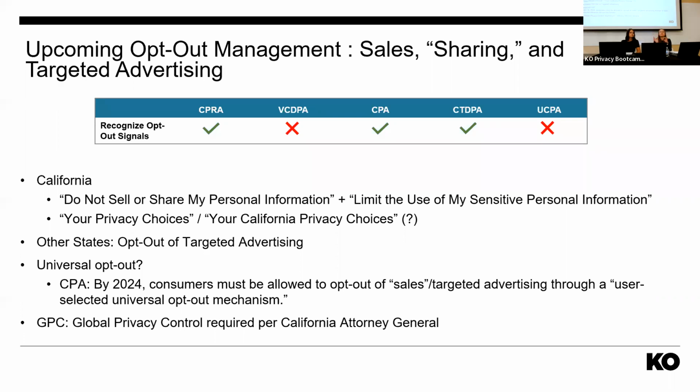And instead of providing the links, if you're handling those automatically as users are coming to your website, that can satisfy the requirement to provide the opt-out to the selling or sharing of personal information.